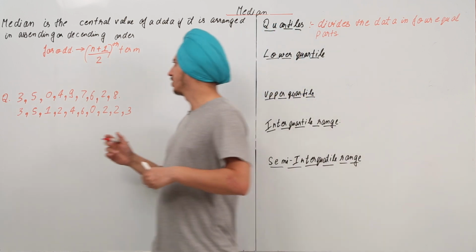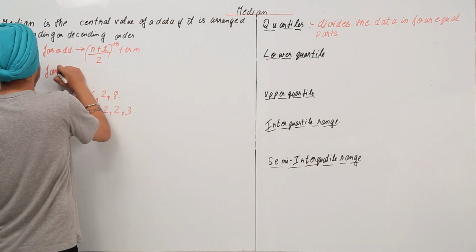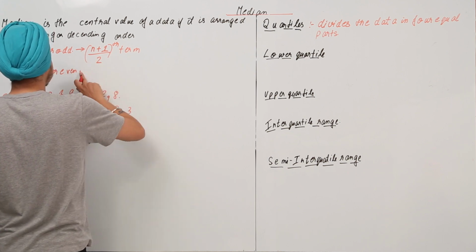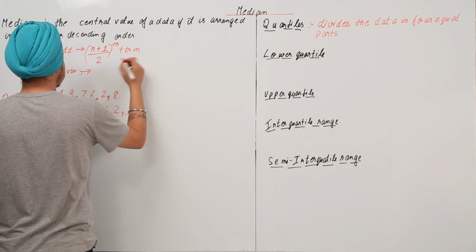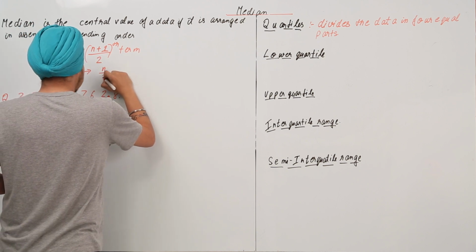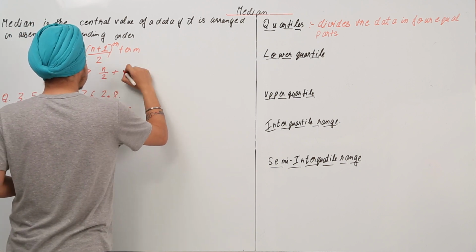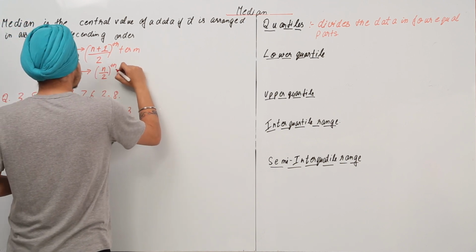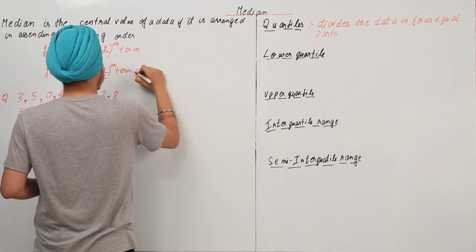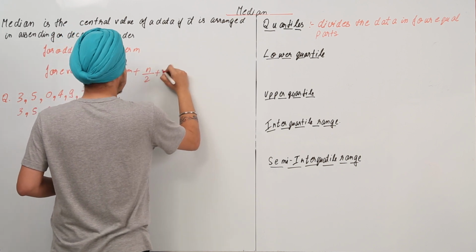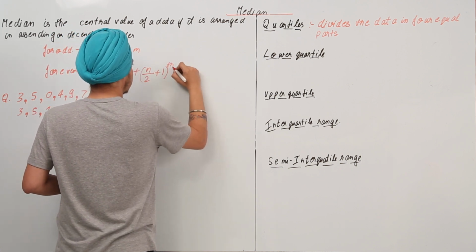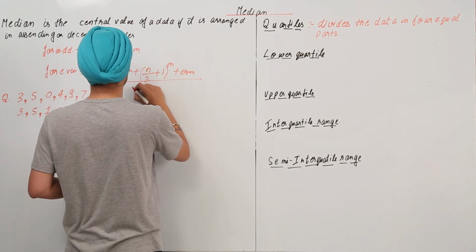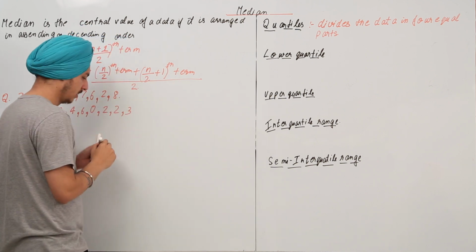And for even, what do we do? For even data, or for even observations, it is the (n by 2)th term plus the (n by 2 plus 1)th term, and all of this divided by 2.